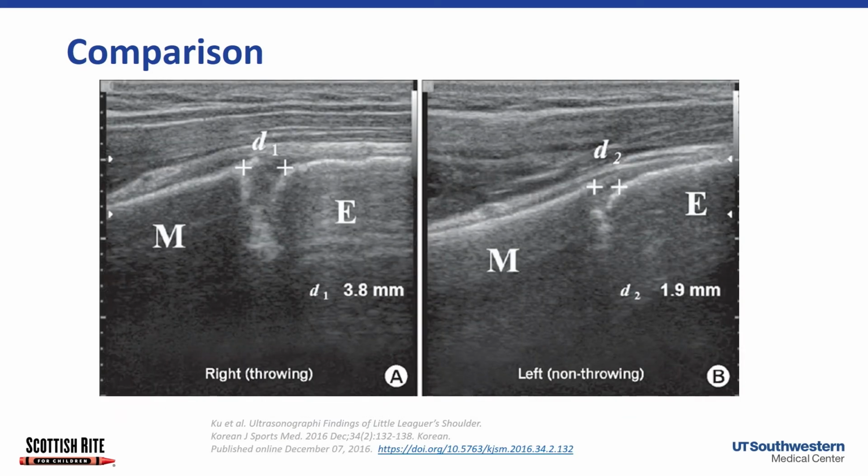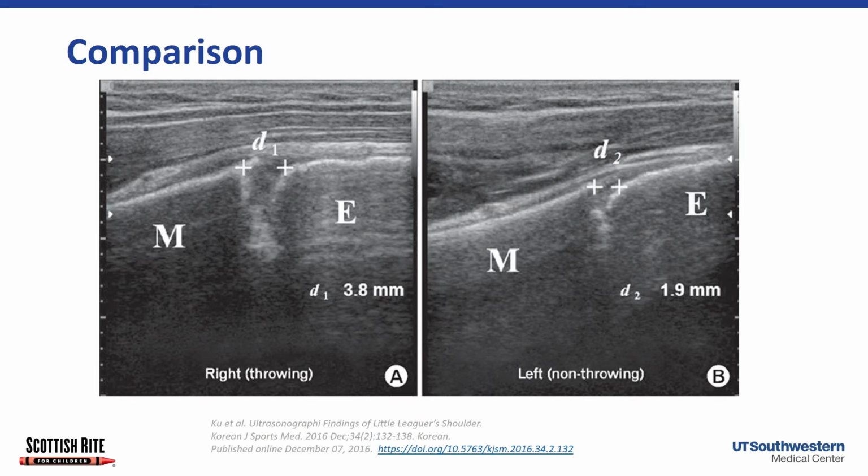Another comparison, this is a young baseball player who hurts when he throws with his dominant side, which is right-handed. He's a pitcher or a catcher, and he's having a lot of pain. We can put the ultrasound machine on his right shoulder, and what we see there is the physis of his humerus. And we can measure that on the right side, and we see, wow, that's 3.8 millimeters.